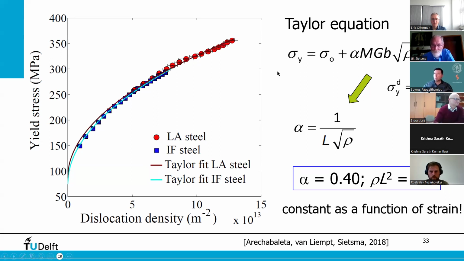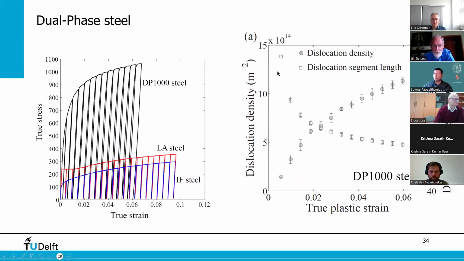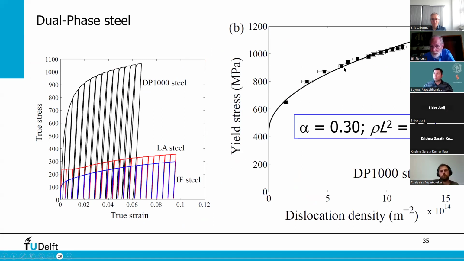Yeah. Very intriguing. We also applied it to a dual phase steel, and there also we find reasonably good fits and validity of the Taylor equation. And that's one step further, because a dual phase steel has two phases, martensite and ferrite. The other two were one-phase materials, so you can say there's one dislocation density.